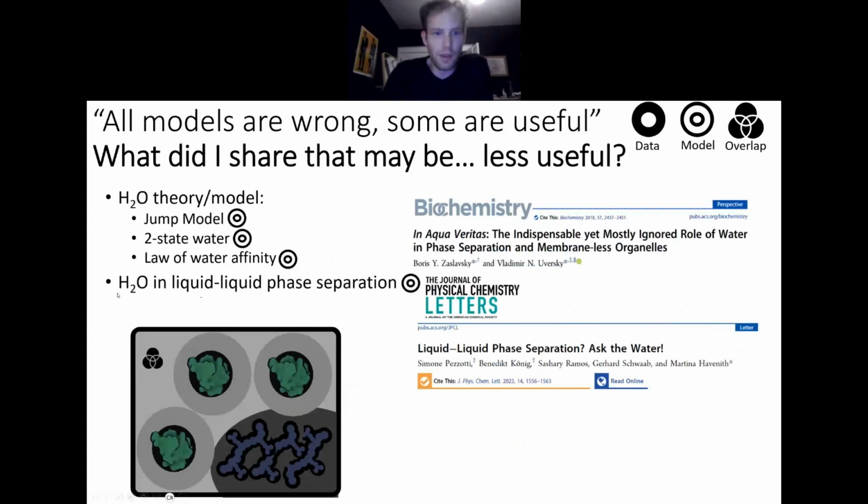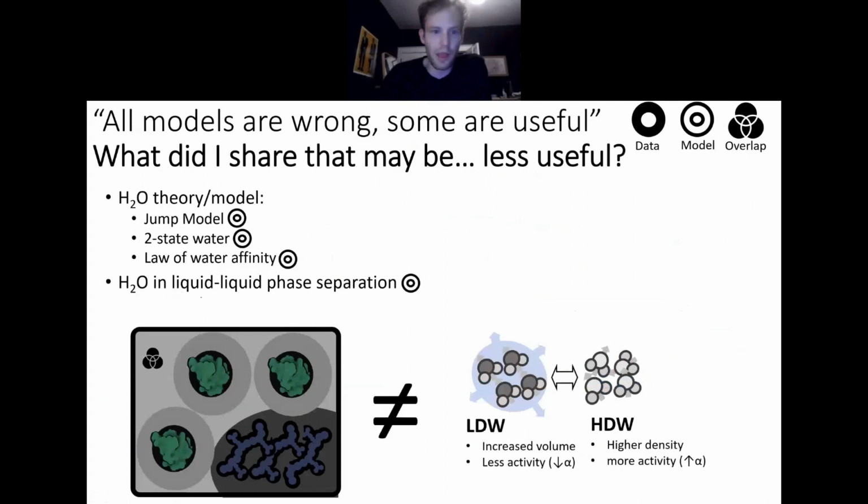In the case of water's involvement in liquid-liquid phase separation being important to understanding that phenomenon, I think that many physical chemists are now trying to tell the biologists to pay attention to the water, based on their models. And I think that there is relatively strong data that we should be paying attention. But I want to make sure that I'm not saying that stress granules have low density water or that outside is all high density water.